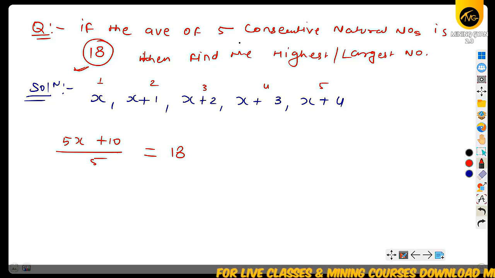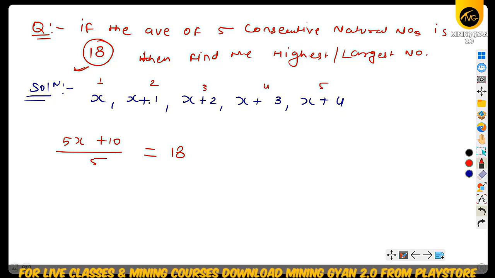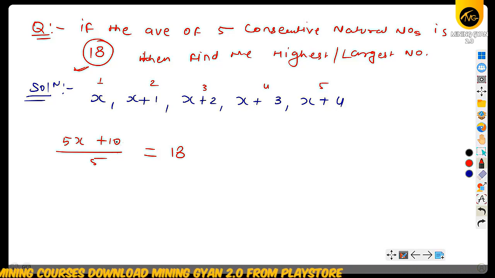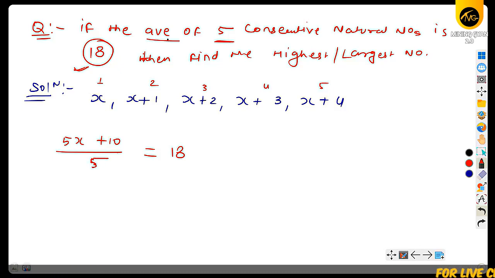So what is the question? If the average of 5 consecutive numbers, for the average just add all these numbers: x plus 1 plus x plus 2 plus x plus 3 plus x plus 4. That means add all these x's, and 1 plus 2 plus 3 plus 4 will be 10. So 5x plus 10 divided by 5, because we have 5 consecutive numbers, so the total number of elements is 5. That is equal to 18, the average of these 5 consecutive numbers.